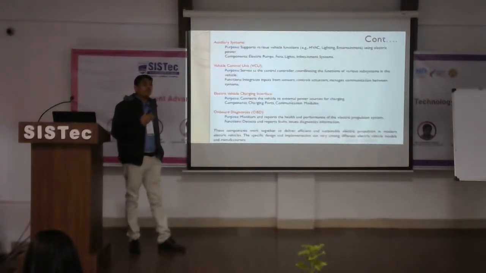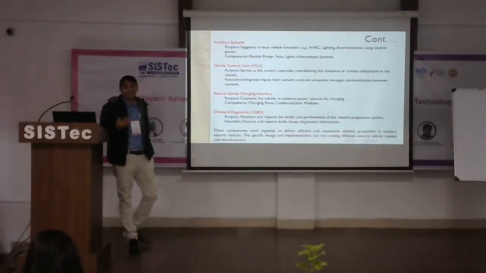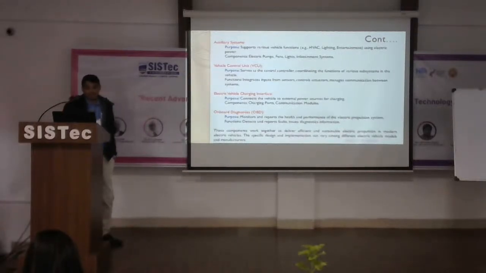A quick decision requires a fast converter or fast controller as well. So for that purpose we use the digital controller, because the digital controller's response will be fast as compared to the analog controller. Okay, so yes, we will require electric vehicle charging infrastructure, already discussed.